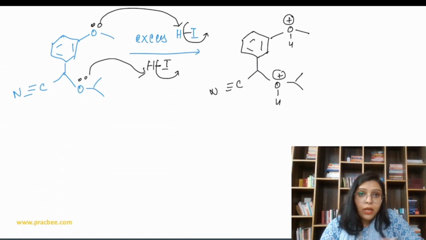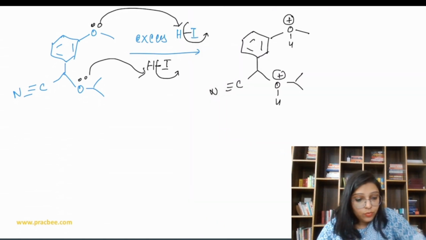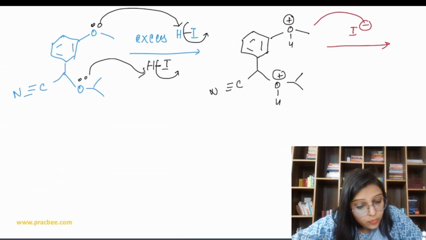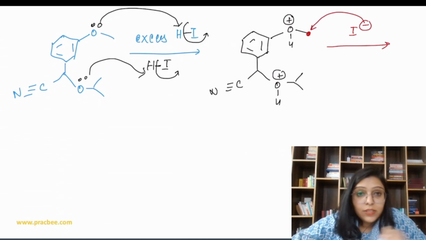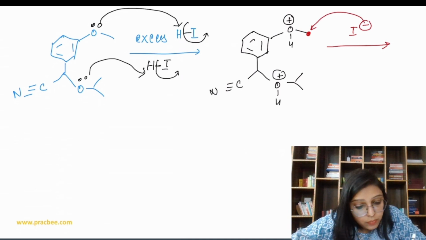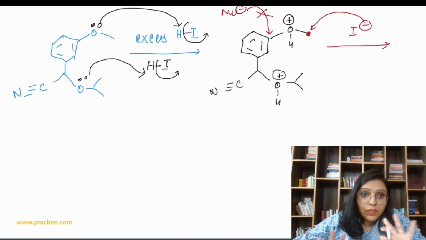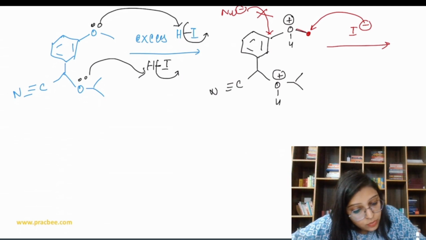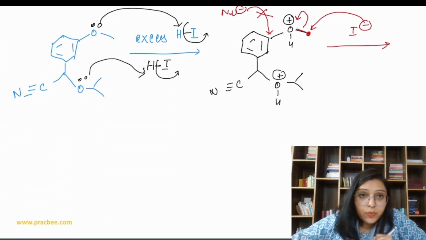Now we have to do the attack. So I minus can attack over here on this carbon. Why? Because nucleophilic attack over here is impossible on benzene. It is not possible, right? So I minus attacks over here and the electrons of this bond shift over here.